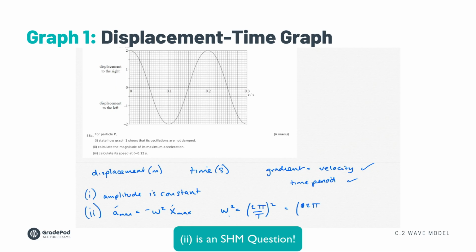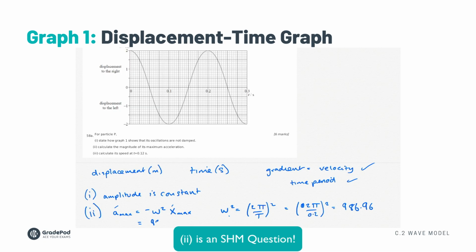So 2 times pi divided by 0.2, all squared, is 986.96.